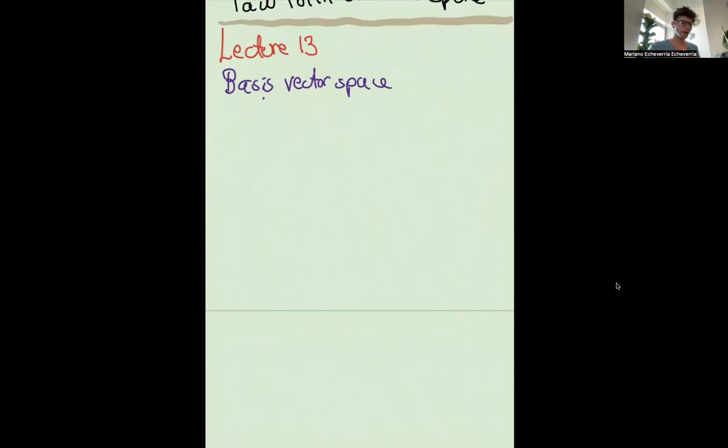So what's the idea of a basis? The goal is that you're going to have a vector space.